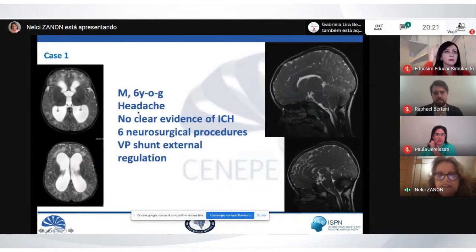Just one case, our child, 6 years old, with no clear evidence of intracranial pressure, 6 neurosurgical procedures before, and a VP shunt with external regulation. This is the MRI before the shunt, and this one, on the right side, is the MRI after the shunt.